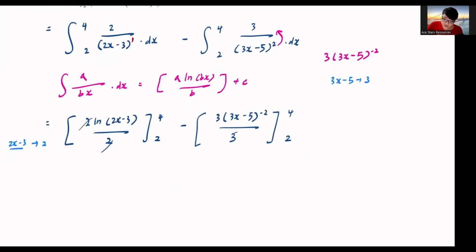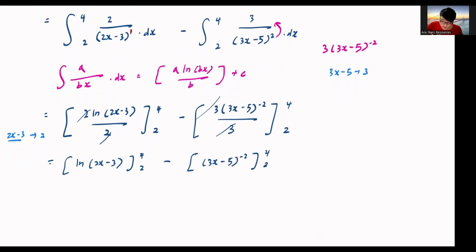Cancel out. You're going to be ln 2x minus 3 for 2, minus 3x minus 5 to the power of minus 2 for 2. So that will be ln 8 minus 3, minus ln 4 minus 3, open up the limits.